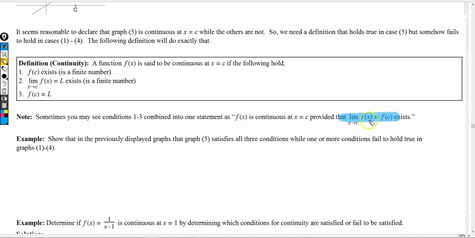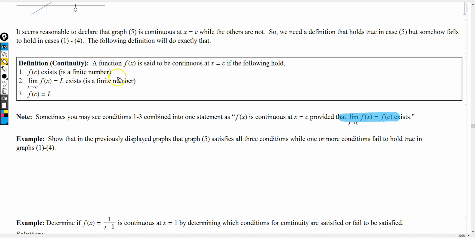If this holds, that's really combining 1, 2, and 3 into one statement, because you're saying f of c exists. At the same time, you're saying the limit as x approaches c of f of x equals that number, f of c, right? So the limit exists. And then, of course, f of c equals the limit.